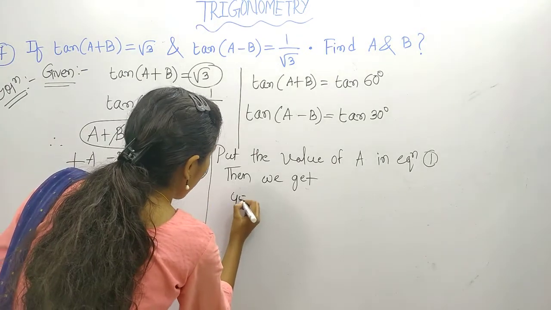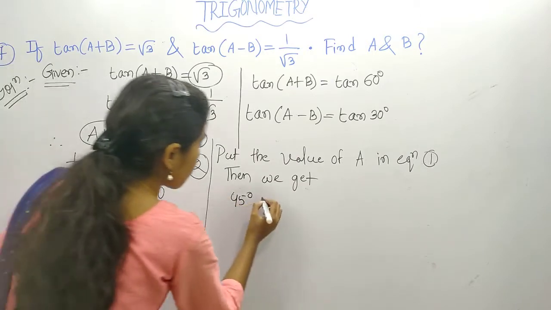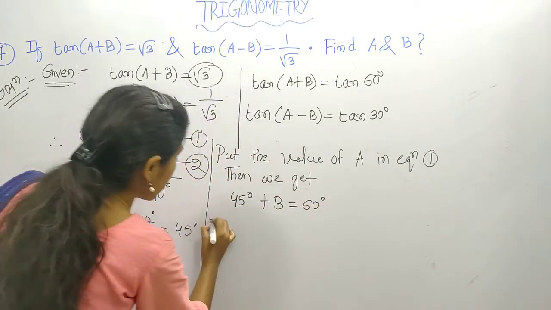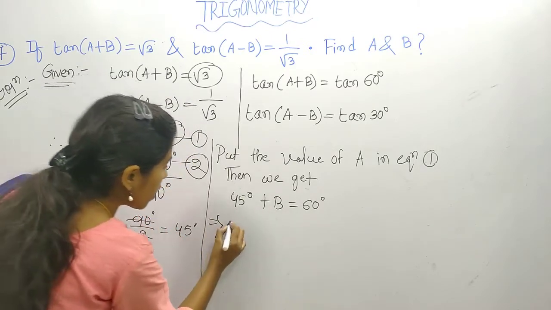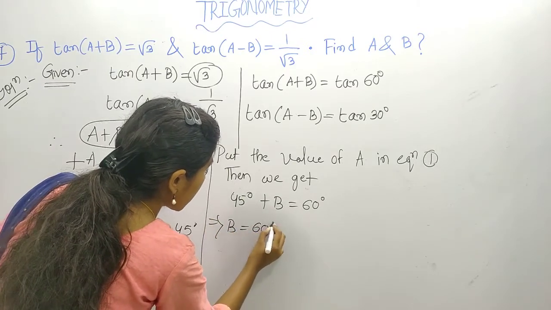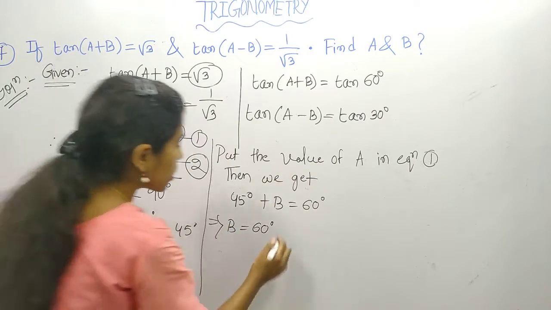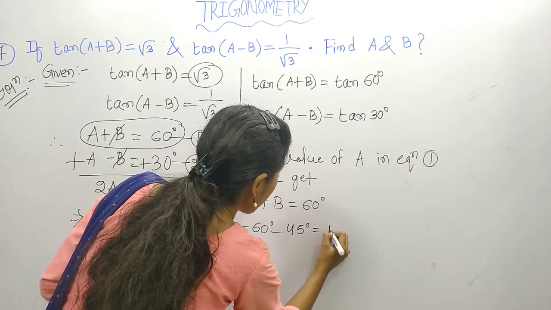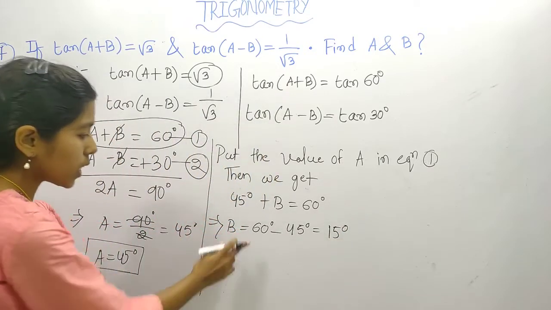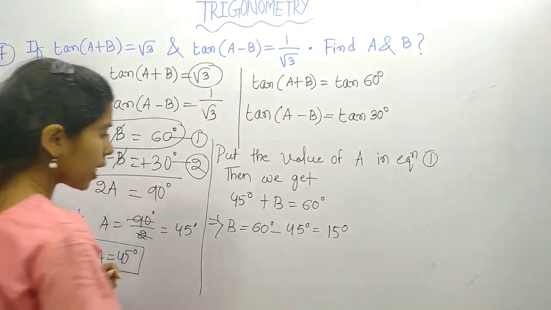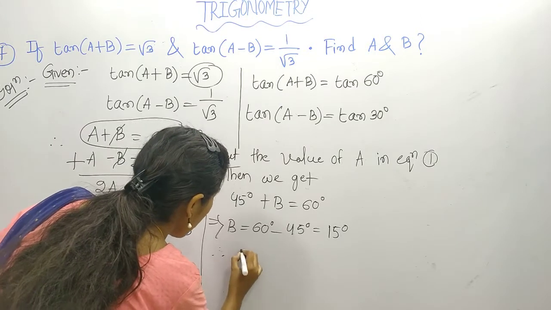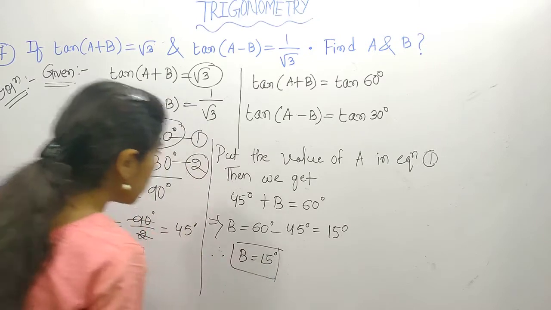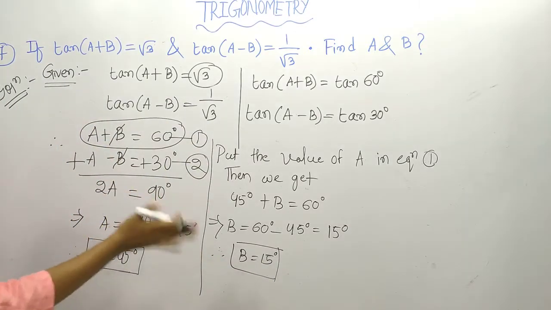So 45 degree plus B equals 60 degree, right? So that implies B equals 60 degree minus 45, which is 15 degree. Therefore B equals 15 degree. So we found the values of A and B.